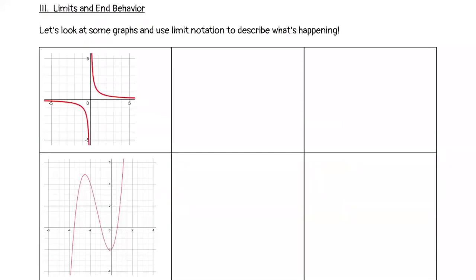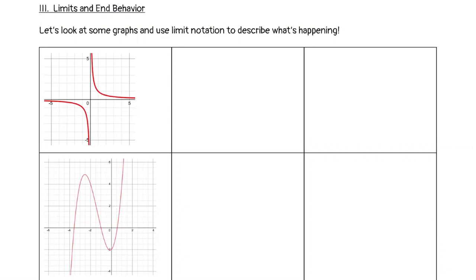So let's shift gears a little bit and look at limits, but this time not looking at the vertical asymptotes, but the end behavior, like what is happening at the ends of our graph, okay? And so let's take a look at this first picture here. Can someone tell me, is there a horizontal asymptote?